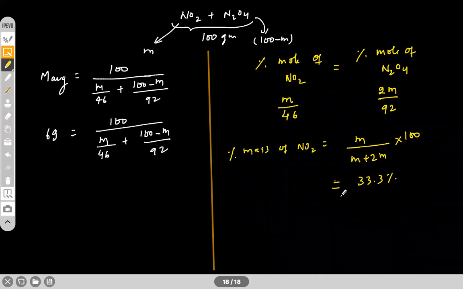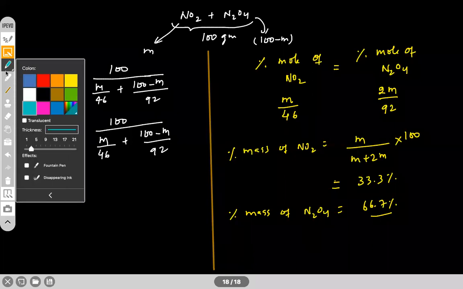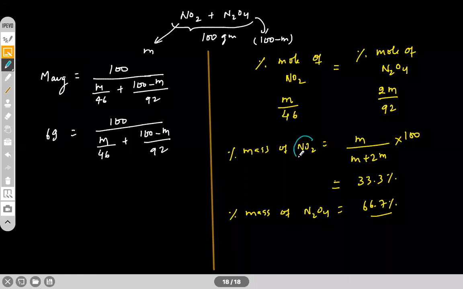That's what I said, that since you have calculated mole and you know the mole percentage is equal, you can directly do this. Percentage mass of N2O4 is what? 100 minus this, 66.7%. Yes, so whenever you get this kind of question, always take care of the molar mass ratio of the gases present.